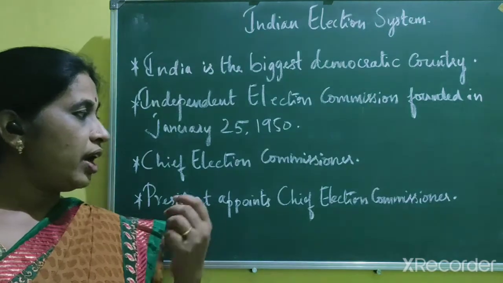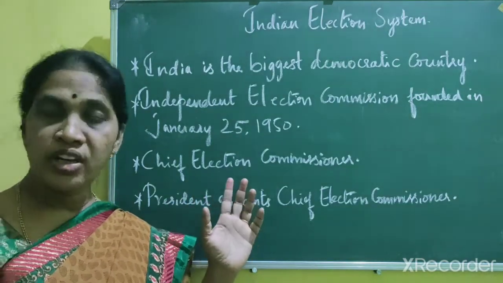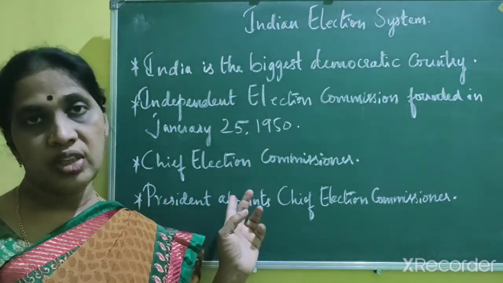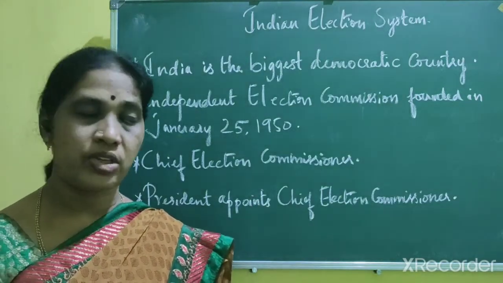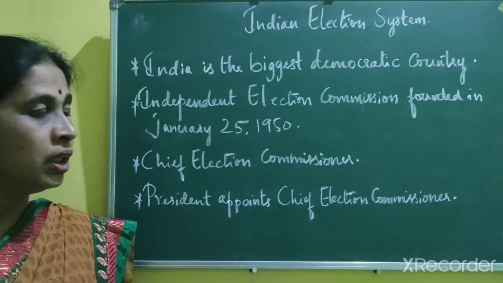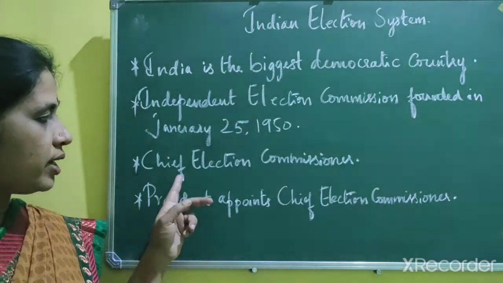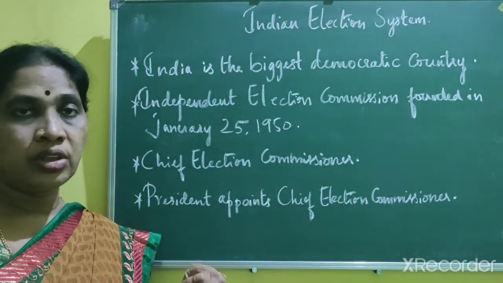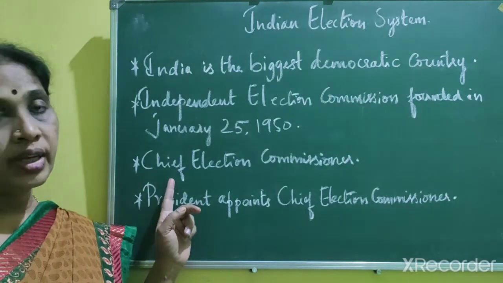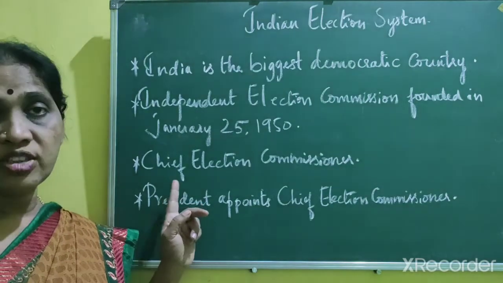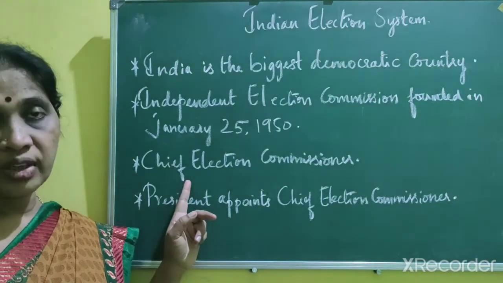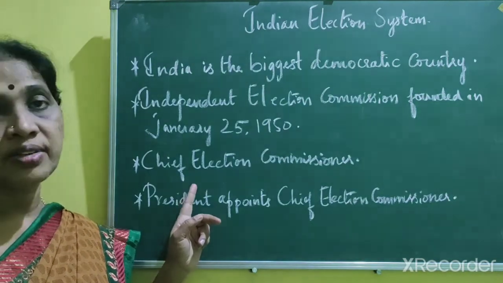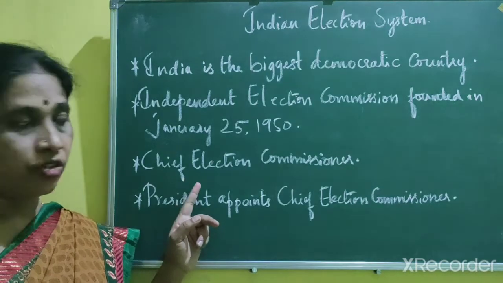If there are any differences of opinion between these election commissioners, the majority view will be taken into consideration. Now the question arises, who appoints the Chief Election Commissioner? The President of India appoints the Chief Election Commissioner, and most of them have been Indian Civil Service, that means IAS officers.